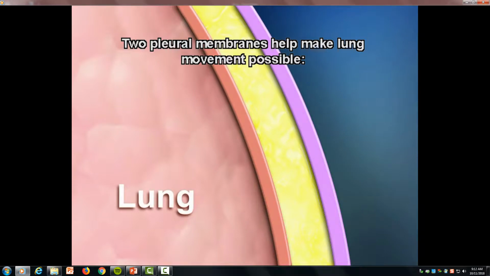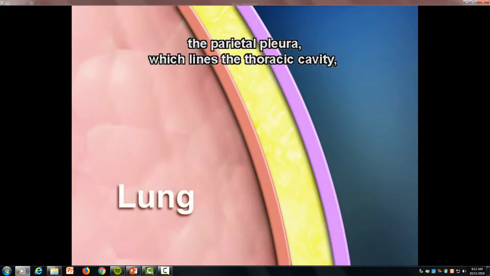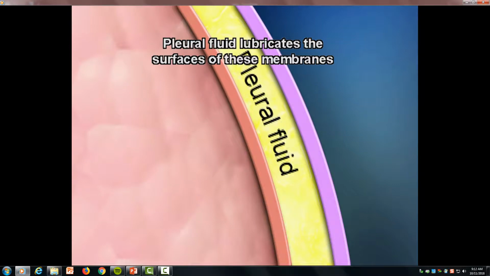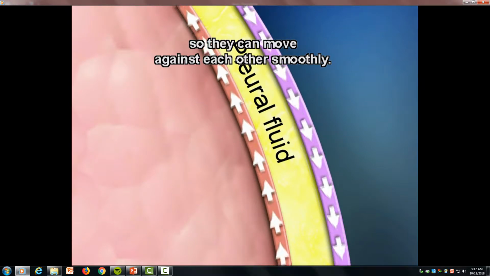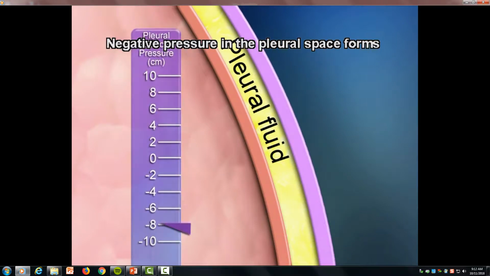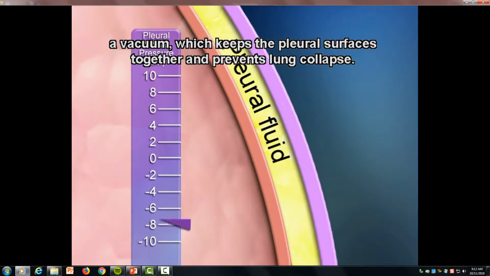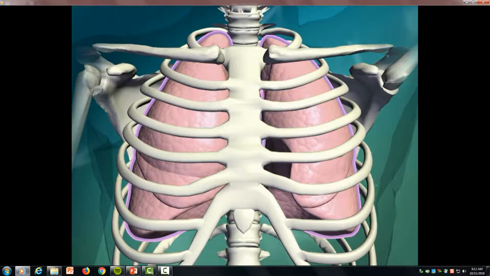Two pleural membranes help make lung movement possible: the parietal pleura, which lines the thoracic cavity, and the visceral pleura, which covers the lungs. Pleural fluid lubricates the surfaces of these membranes so they can move against each other smoothly. Negative pressure in the pleural space forms a vacuum which keeps the pleural surfaces together and prevents lung collapse.